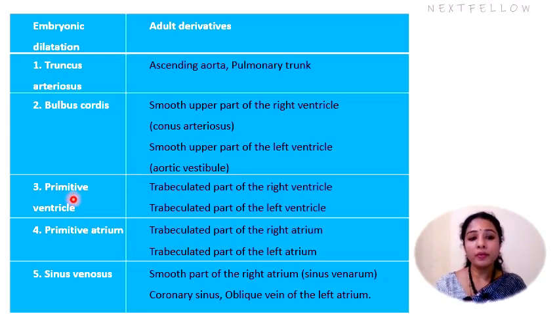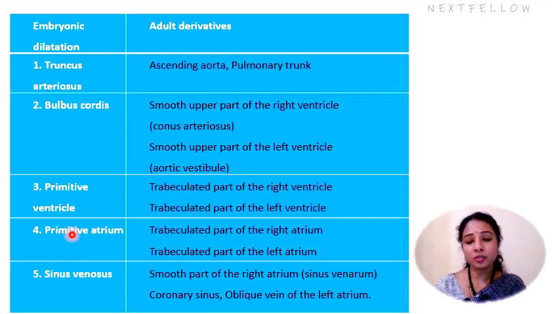Then the primitive ventricle forms the trabeculated rough part of the ventricle, which contains papillary muscles like bridges, ridges and pillars. We say different types of papillary muscles are appreciated in the primitive ventricle, which forms the trabeculated part of both right and left ventricles. Then the primitive atrium.